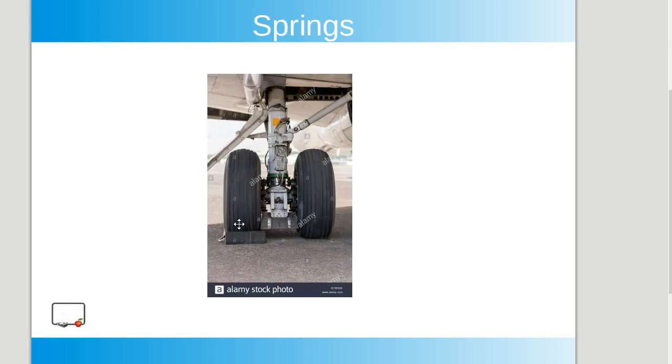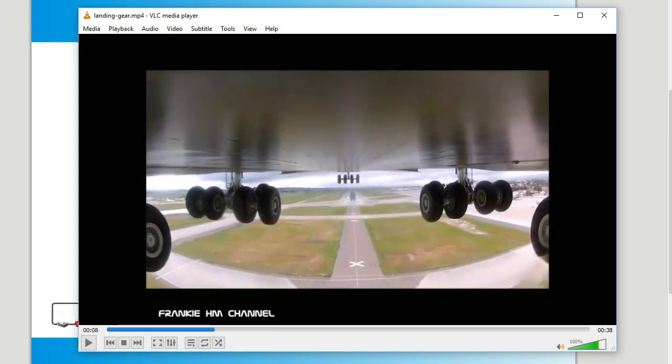So this is the picture of the shock absorber of the plane. These are wheels, and this is what goes up and down. So let me show you our favorite video again.